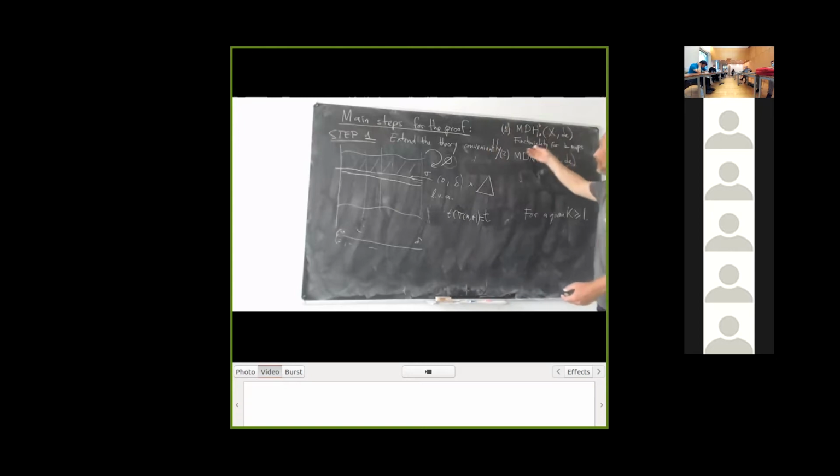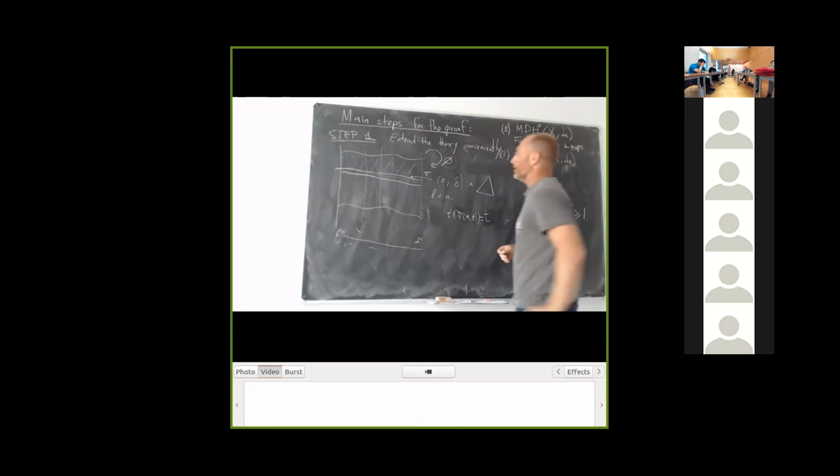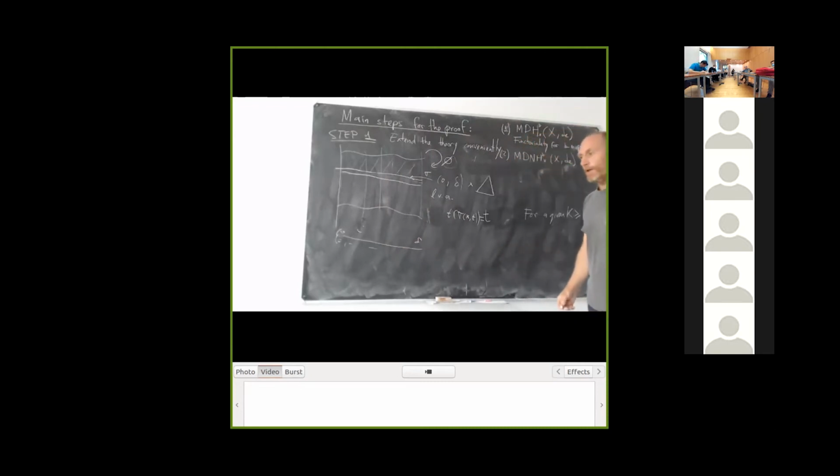So if you want functoriality for this homology, you need the map to preserve the levels, which is what happens to this map. And you have a notion of B maps.